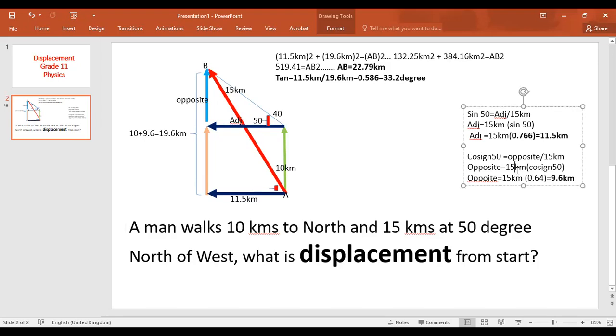And we did calculate based on sine, cosine formulas.